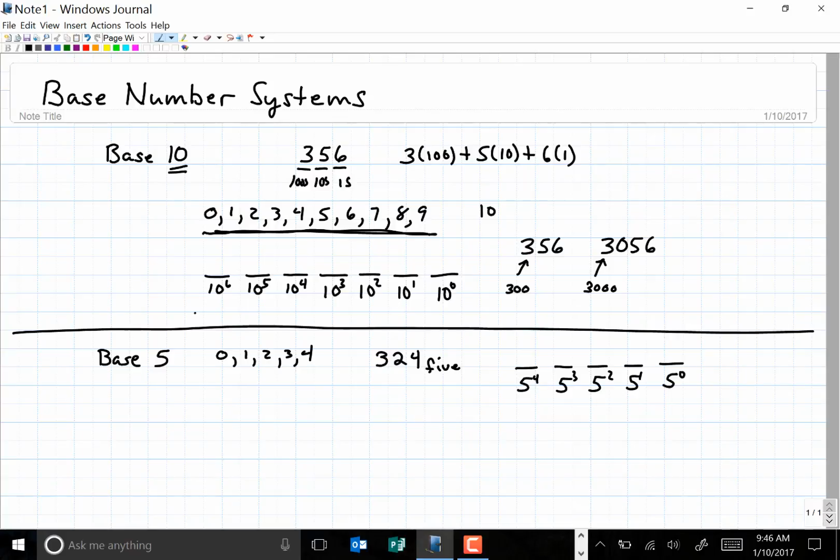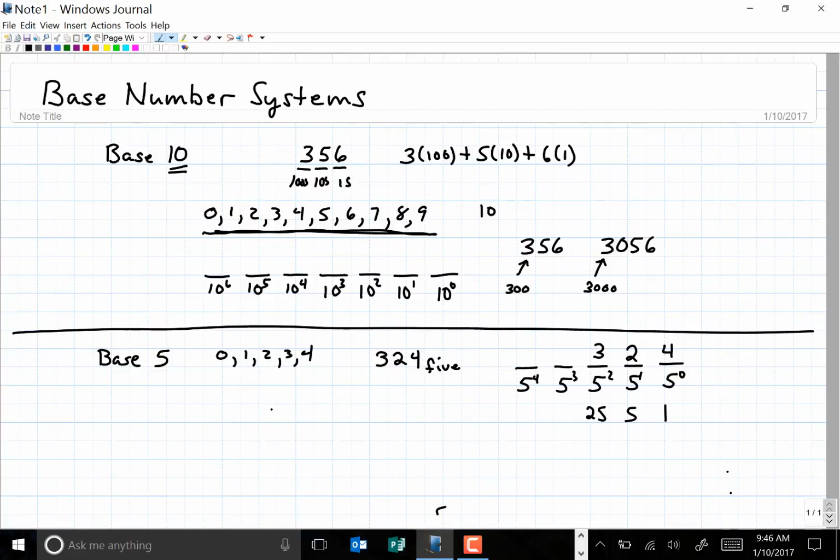So when I have a number like 324, that tells me that I have 3 5 squareds, 2 5s, and 4 5 to the 0s, or 1s. So 5 squared is 25, this is 5, and this is 1.